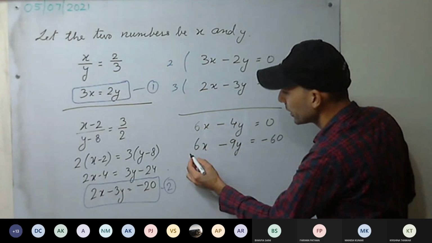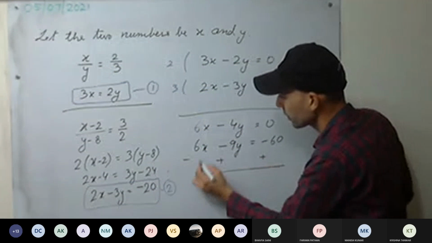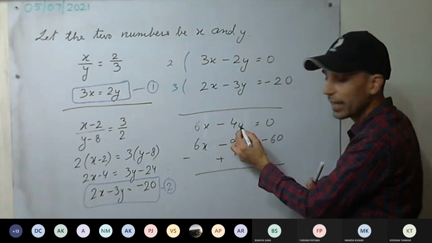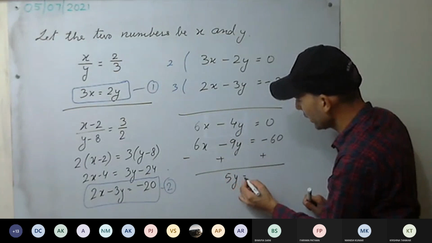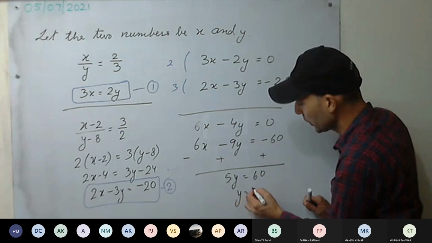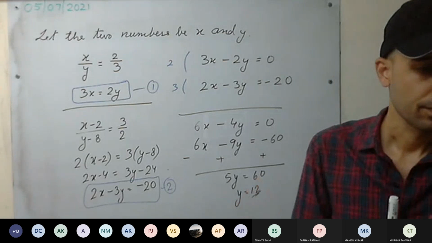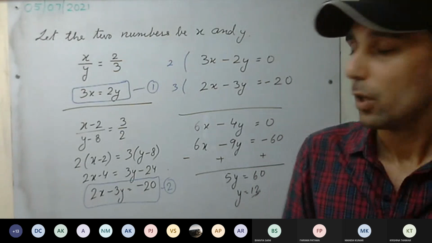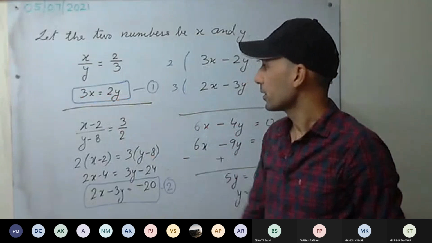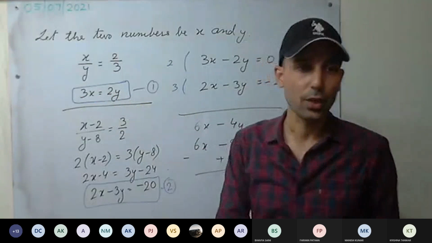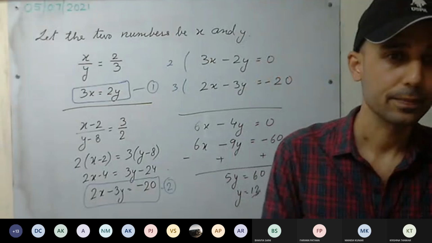Subtracting them: 0 minus 4y plus 9y, 5y equal to 60. Y equal to 12. Put y equal to 12 here and we get x equal to 8. Solve for x. How do you solve for x?